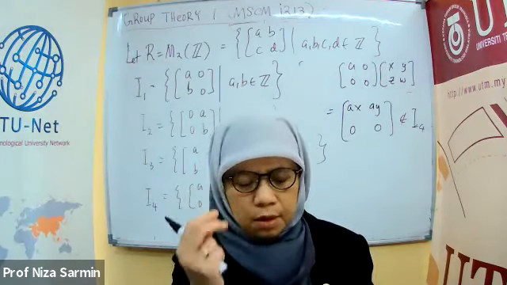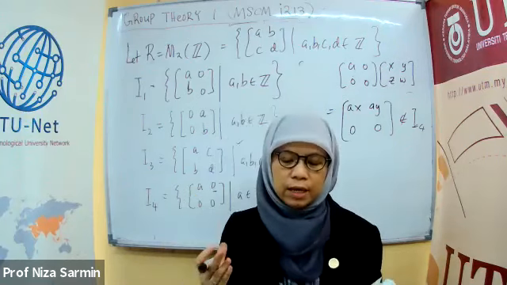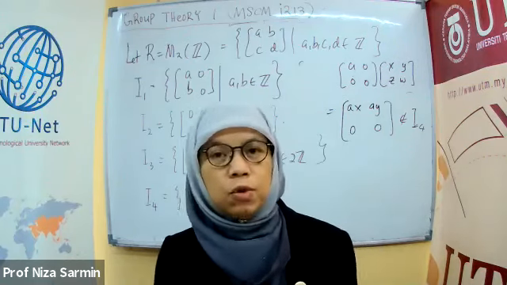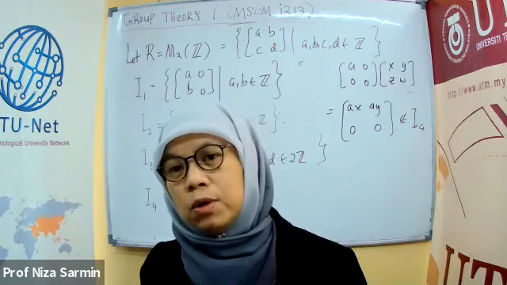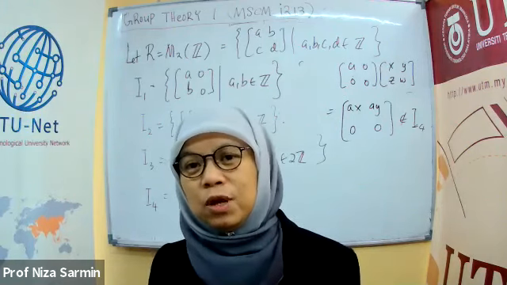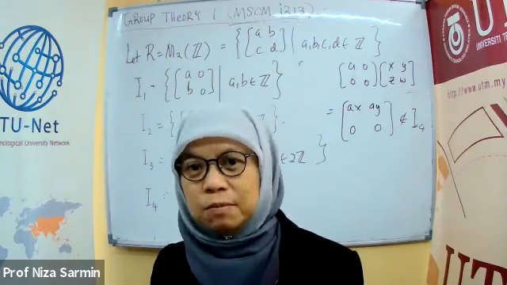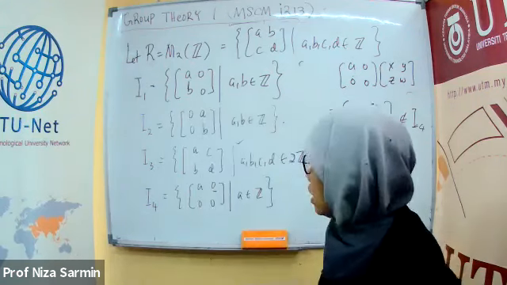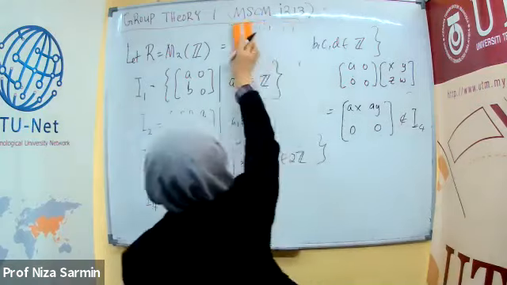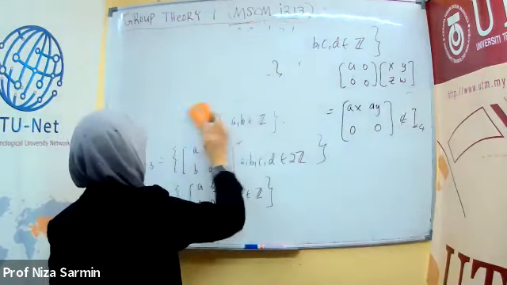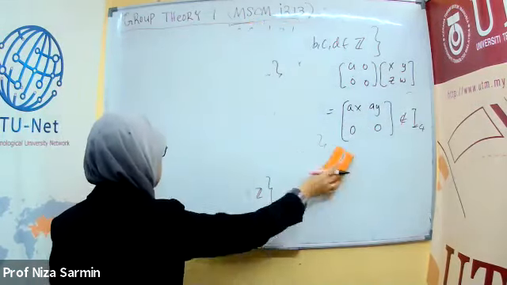All right. Now, if we have an ideal, then we have a quotient ring. You remember when we have a normal subgroup, then we have a quotient or factor group. The same thing for rings. If you have an ideal I, then that is how we get a quotient ring.